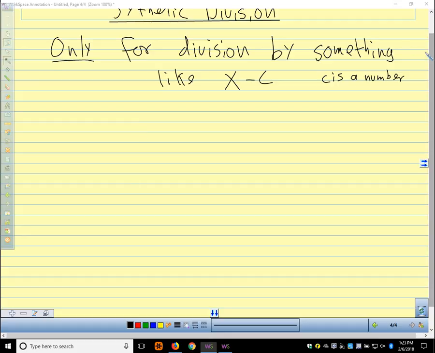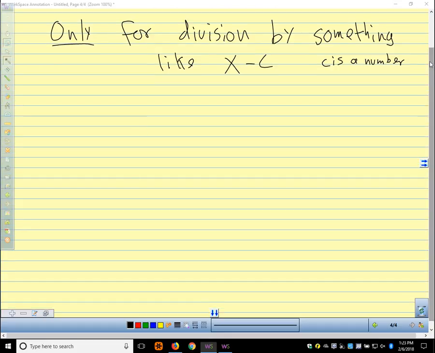What we're going to do with synthetic division turns the process into multiplication and addition only. So, for example, if we had 3x to the third minus x squared plus 2x minus 3, and we're dividing by x minus 2, since we have something that looks like this, we can do the synthetic division.